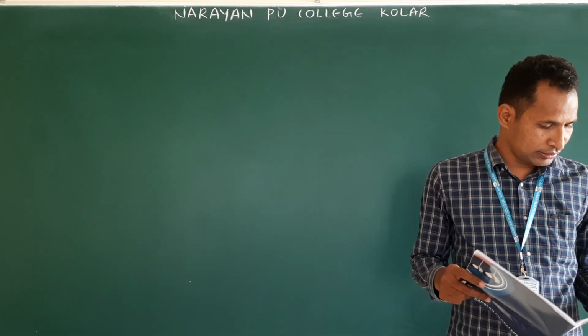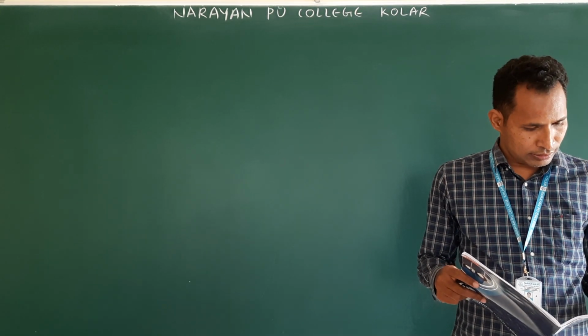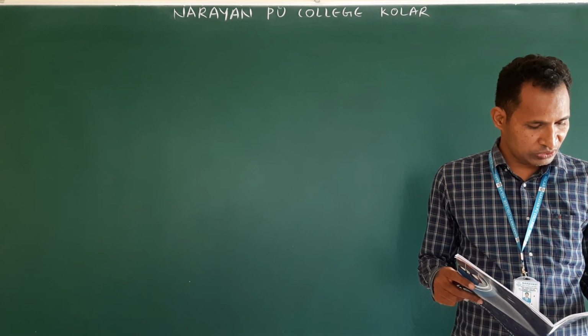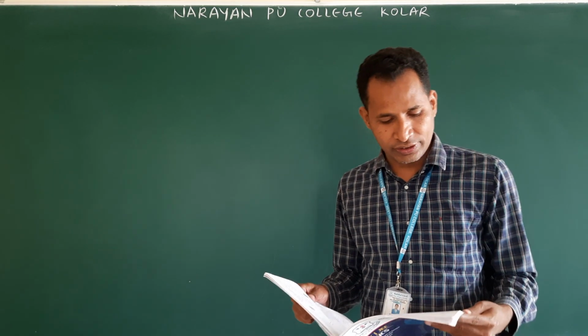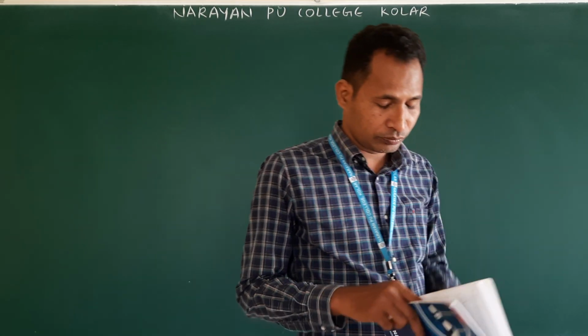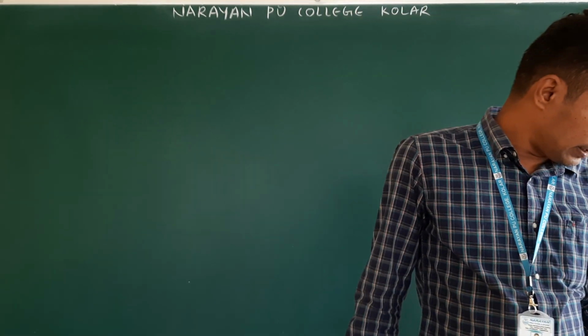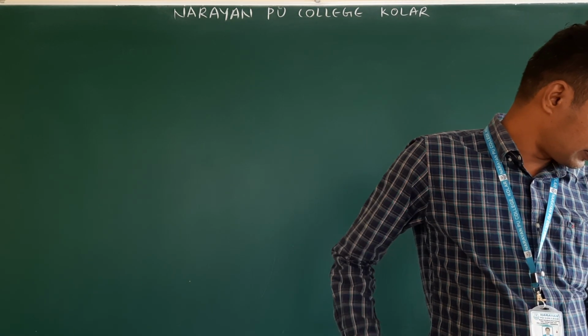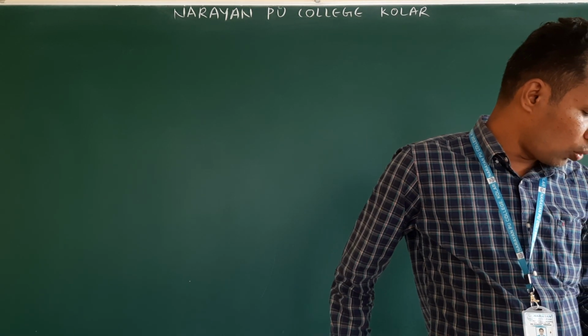Last class we discussed up to question 17. Now come to 18, regarding paramagnetic substances. Magnetic susceptibility is low and positive.